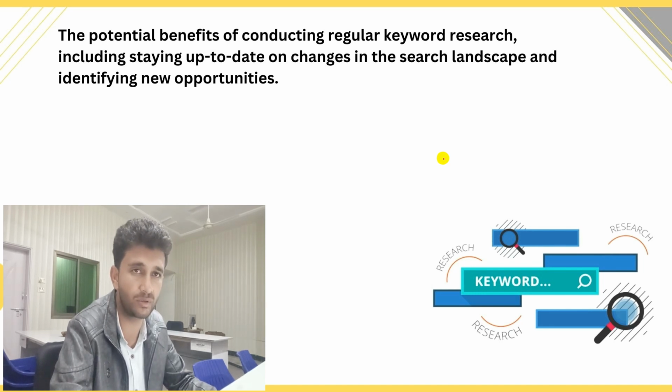You can't rely on keywords that we researched 3 to 4 months ago. You need to stay up to date on changes in the search landscape and identify new opportunities, because almost 24% of search queries are never performed on Google. This is according to Google's report. So you just need to rely on fresh keyword research data.